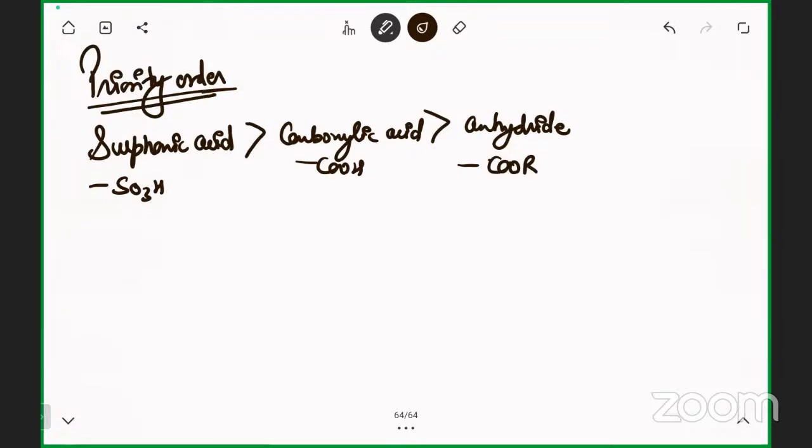R C double bond O single bond O single bond R. Okay, so you can write COR. Clear. Then anhydride, then esters. What was the functional group of ester?